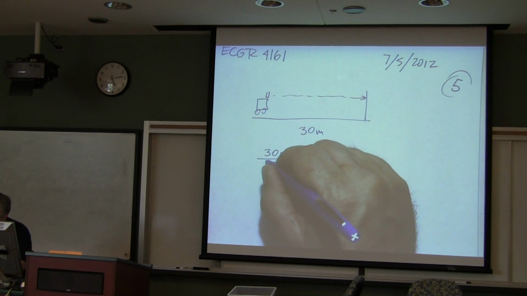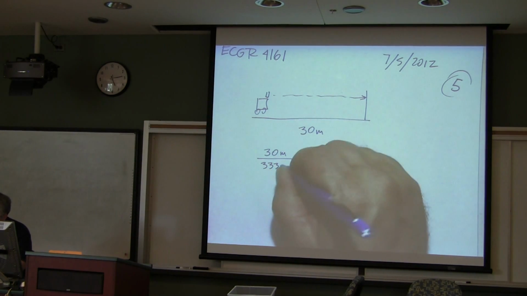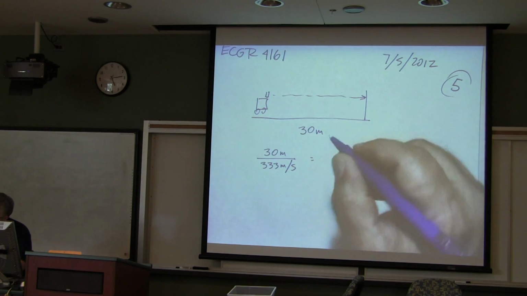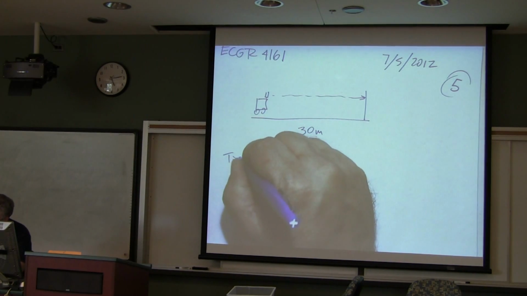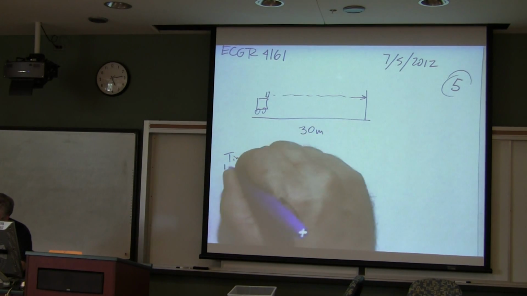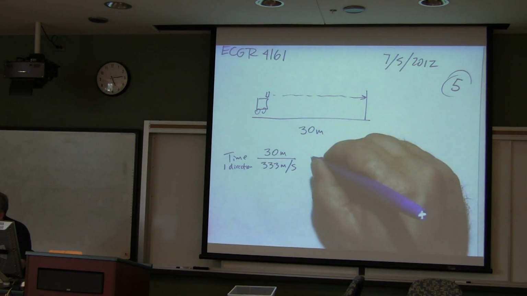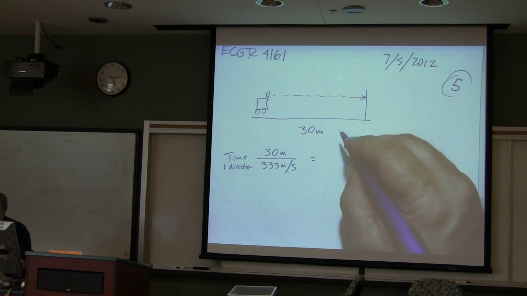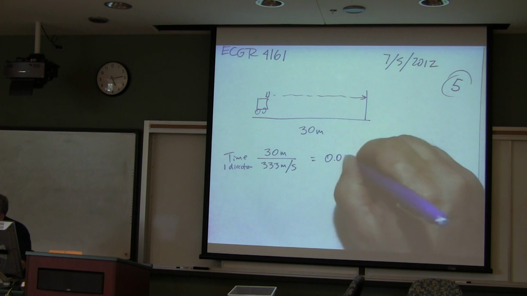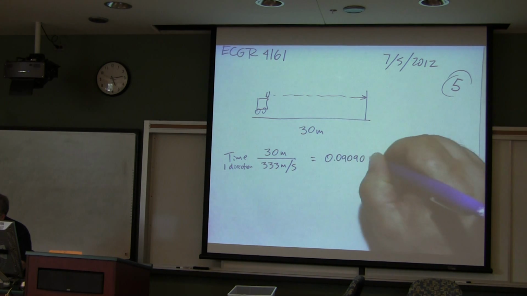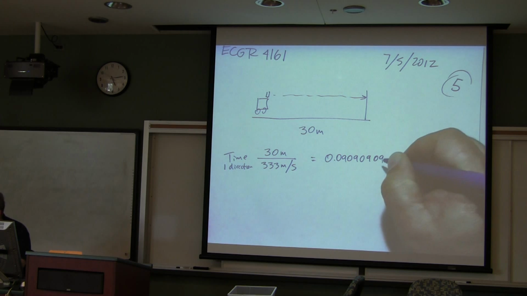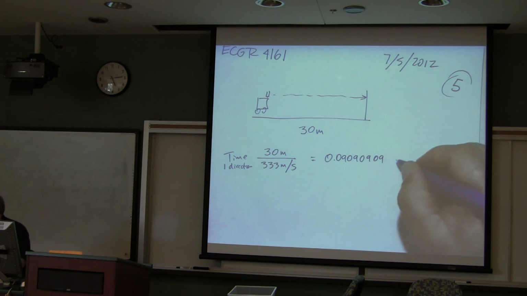We divide 30 meters by 333 meters per second, and that's the time in one direction. The answer is 0.09090909, I think that's enough significant digits, seconds.